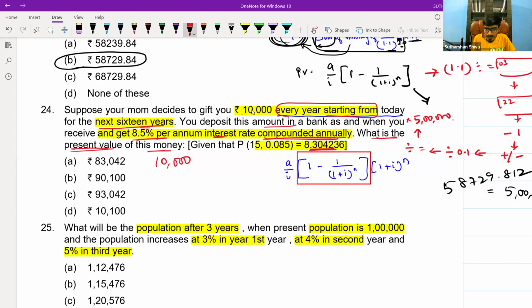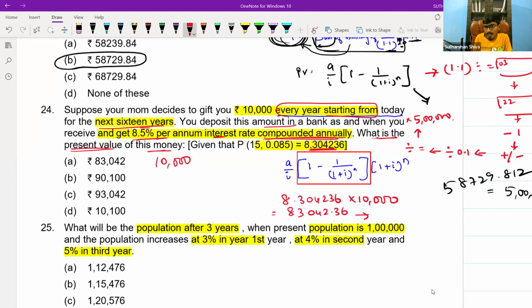Here what I will do. From this value, I will take 8.304236 and multiply by 10,000. You will get 83,042.36.